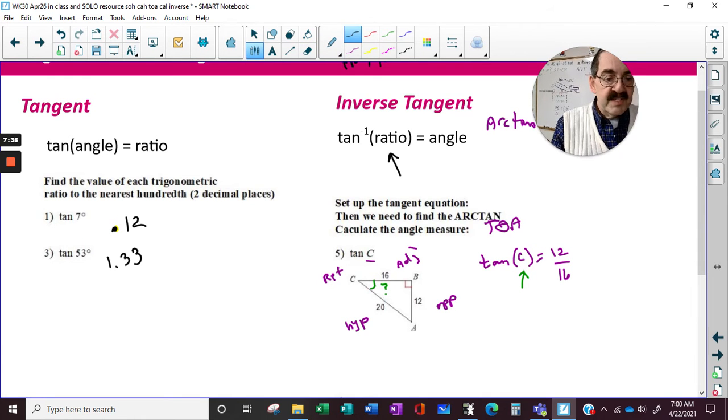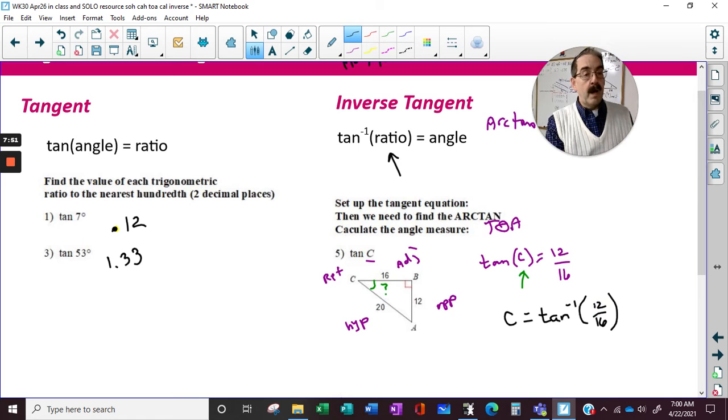Now, we want C. So C is equal to the undo, the inverse tangent, the arctangent of the ratio. Okay, so here's the learning for the week. Okay, everybody, we need to solve for a side or an angle. When we're solving for the angle, we've got to put that in arctangent.